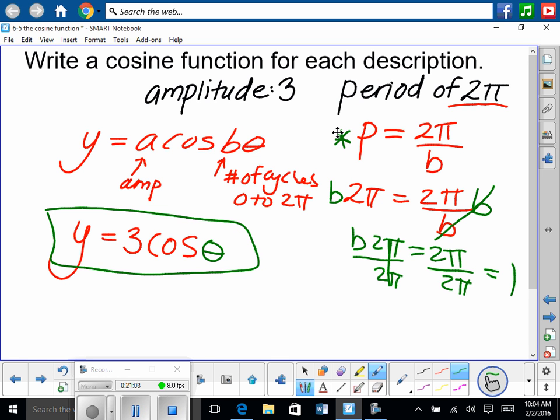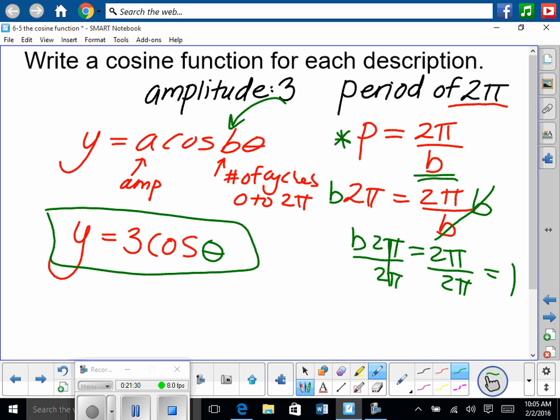If it was 10, you put 10 right there. So if it was 10, I'd say 10 is equal to 2 pi over b. Then we've got to solve for b algebraically. And once we know b, then we know that. Does that help everybody? Because like 90% of you got those ones wrong.